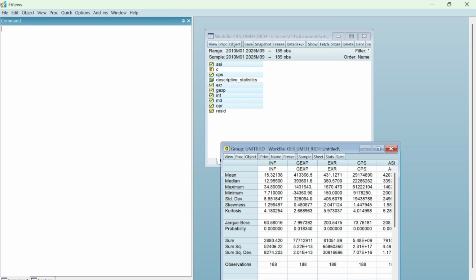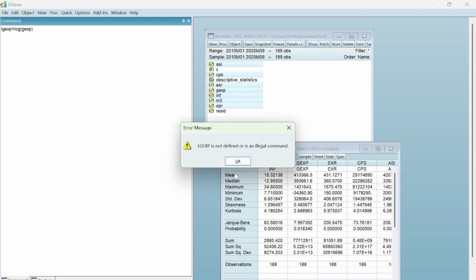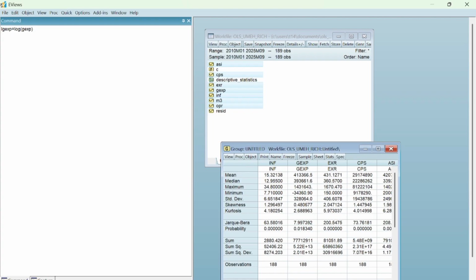So what we'll do, say log: genr lgesp equals log, open brackets, call the variable gesp, close it, and click OK.